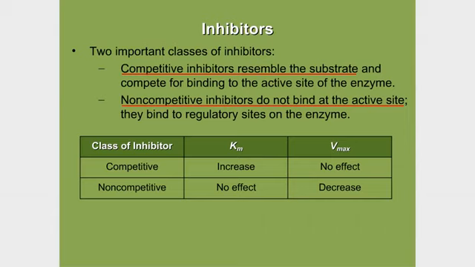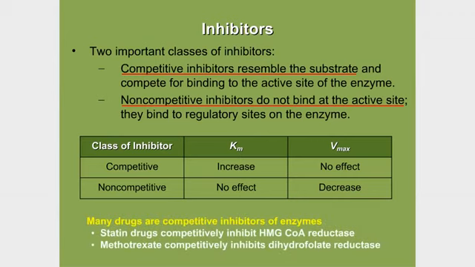That's why the Vmax decreases when a non-competitive inhibitor binds to an enzyme. Now regarding competitive inhibitors, many drugs are competitive inhibitors. In fact, if they ask you whether a drug is a competitive or non-competitive inhibitor and you don't know the answer, take a guess and say competitive, because most drugs are competitive inhibitors of enzymes.